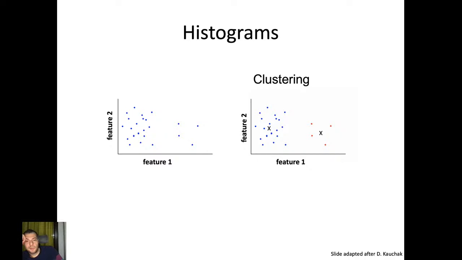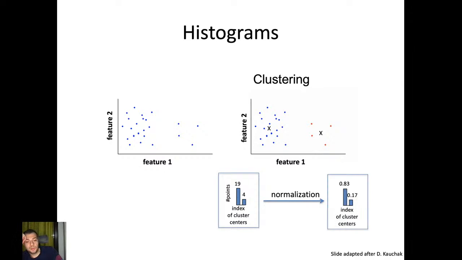And on these features, we can also apply clustering to obtain a representation. So we can consider the number of points falling in each cluster as a sort of histogram that is adapted to the two-dimensional feature space. And the histograms can be normalized to obtain normalized feature vectors for the classification part.